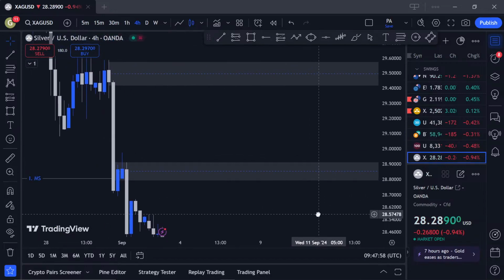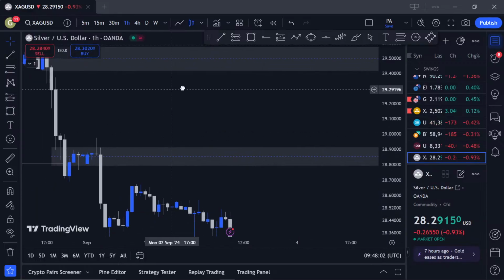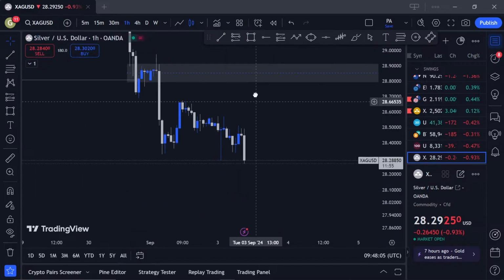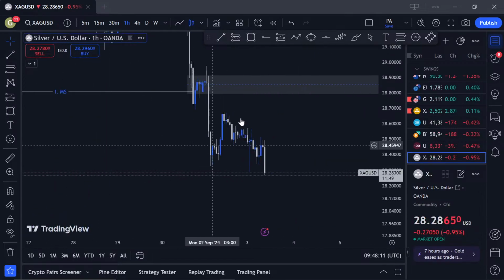Yeah, so this is it for silver. For silver also, I'll be looking for sells, because the market is still giving that sell vibe on every single time frame that we visited.